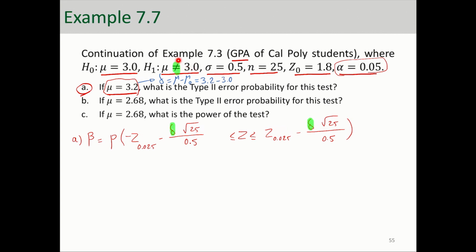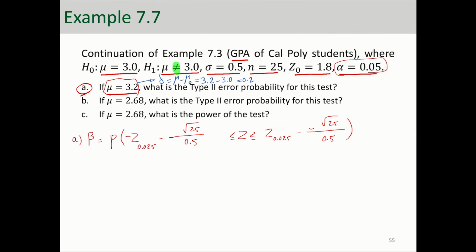That is mu naught, that is your hypothesized value. So 0.2. So I'm going to replace delta with 0.2.